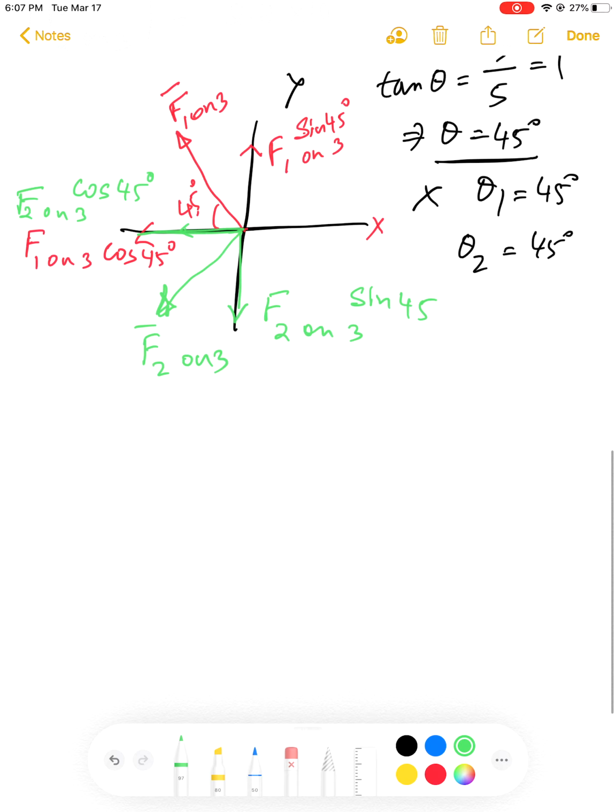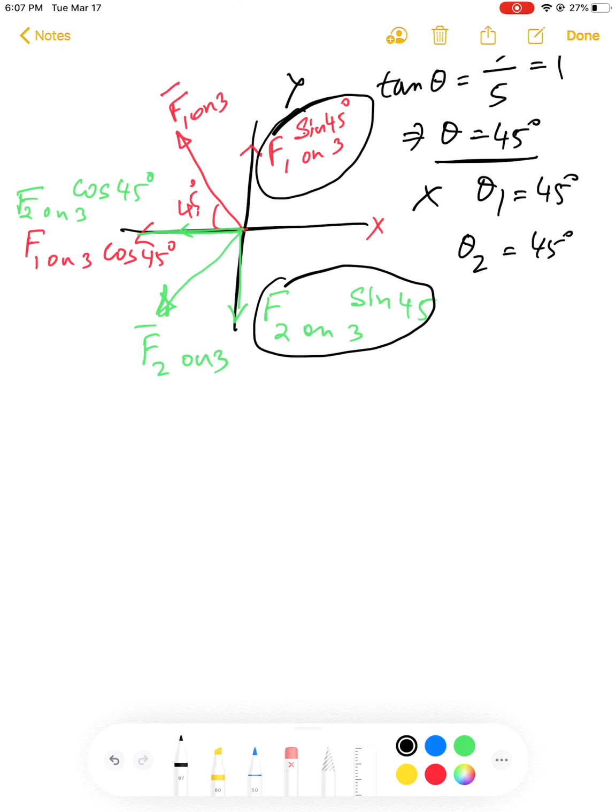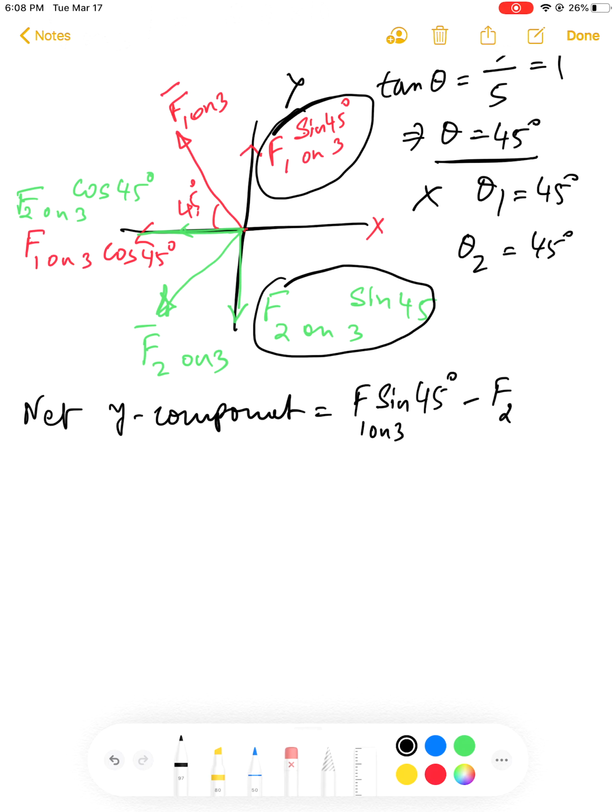So if I now want to list them, we have two components. One is the positive y, another is the negative y, and net y component will be F1 on 3 sine 45 minus F2 on 3 sine 45.